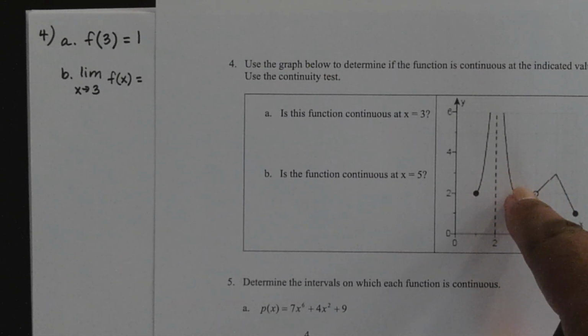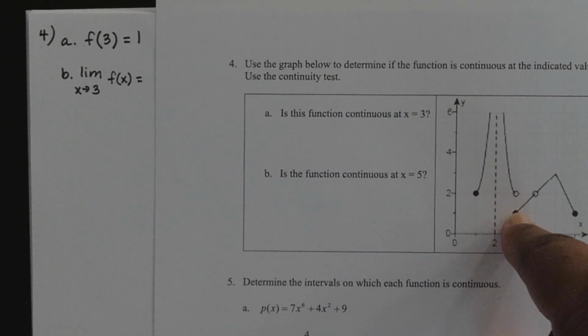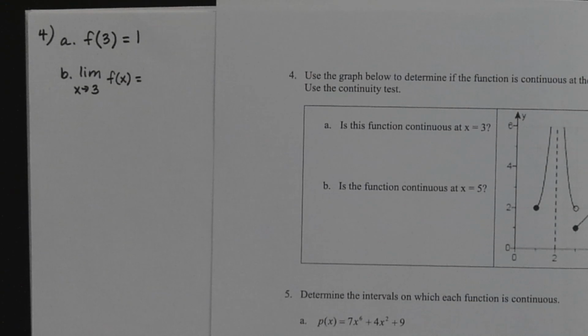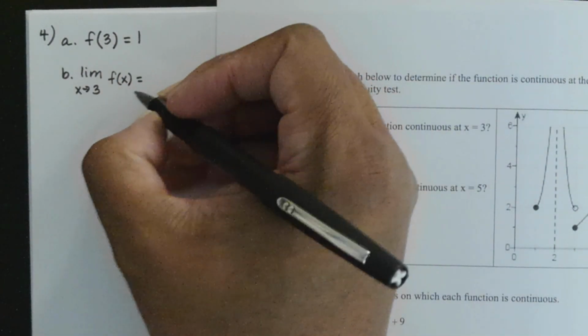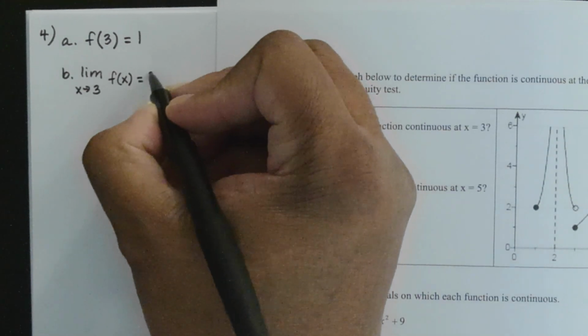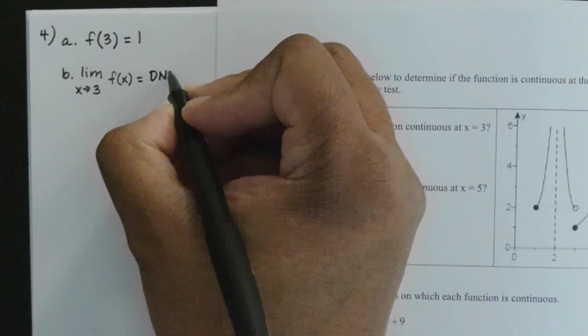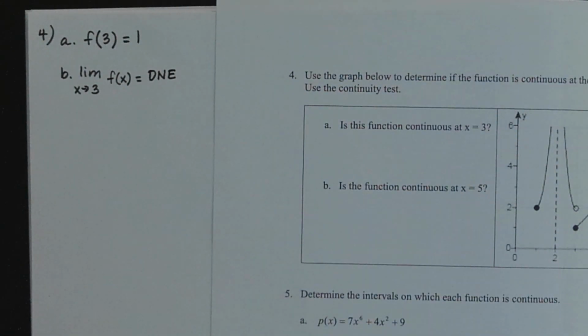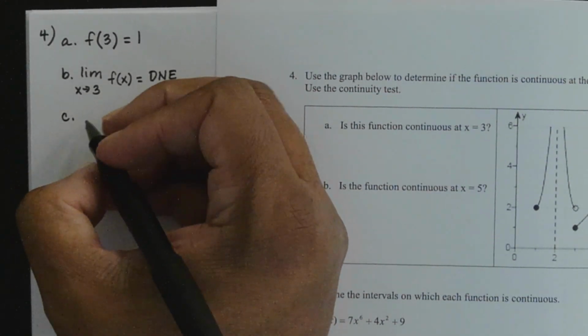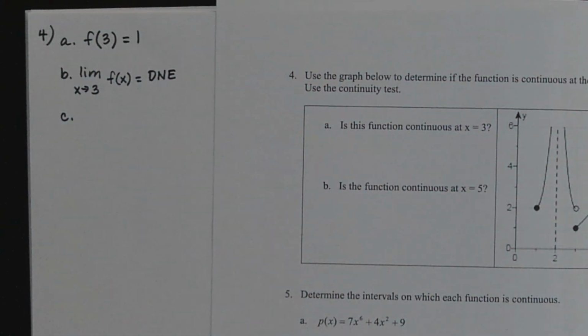From the left it's going to 2, but from the right it's going to 1. Does that limit exist or not? It doesn't. Does not exist. Okay?